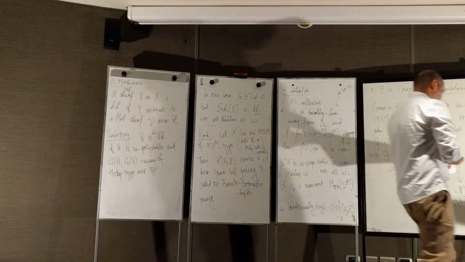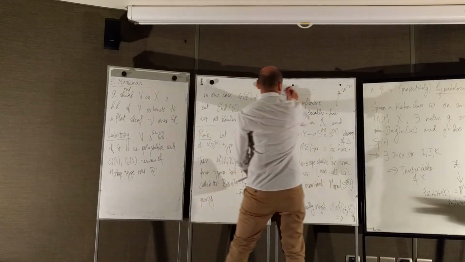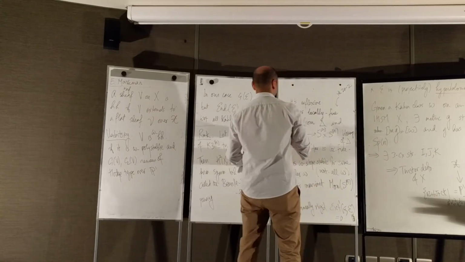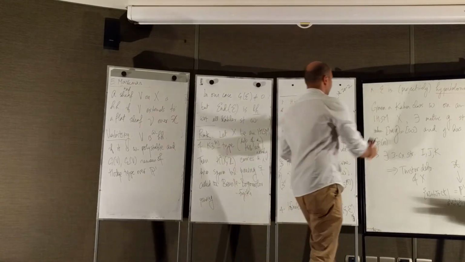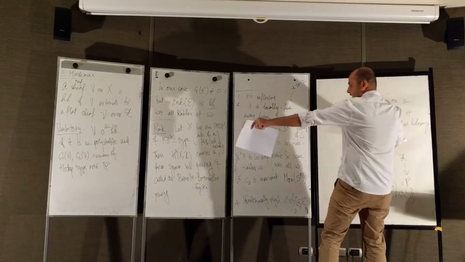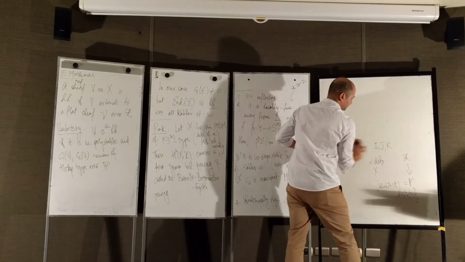And essentially, the class of E is made up of the class of this Q and the class of the tangent bundle.